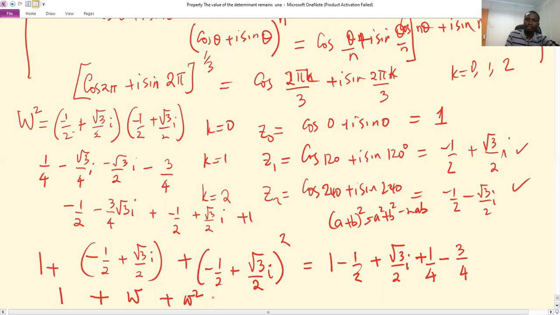And then twice this by this, I have a negative sign, root 3 over 2 i.